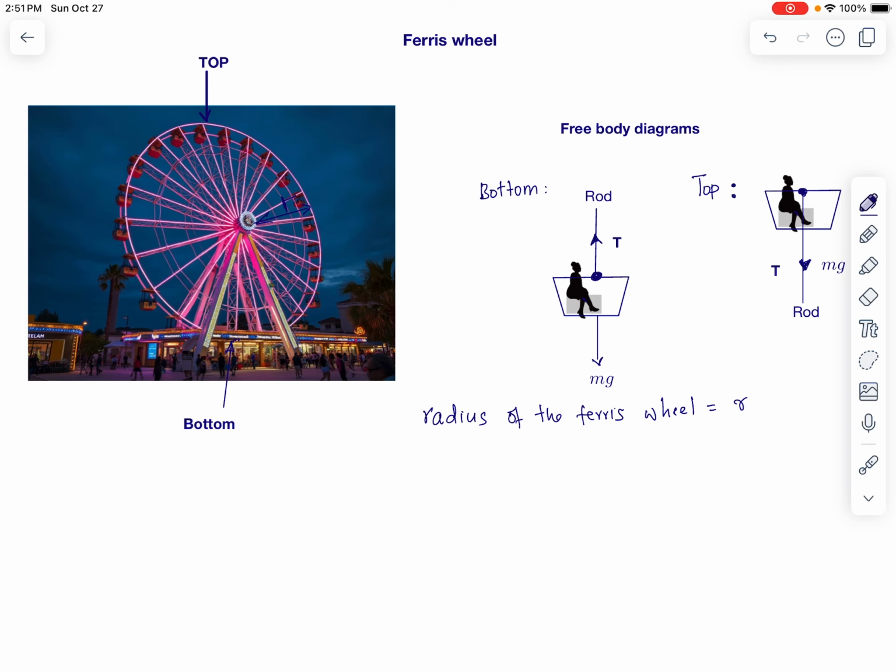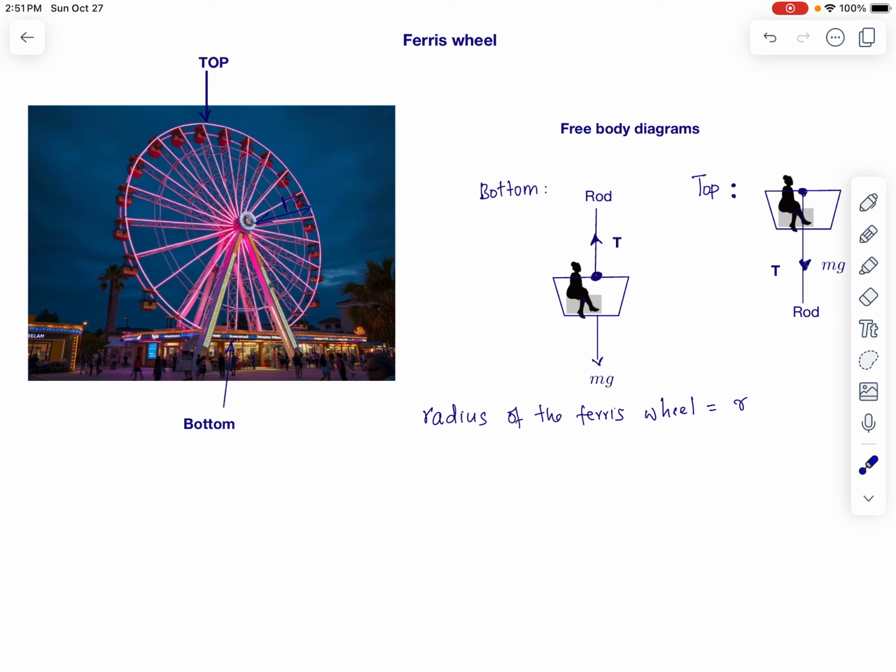If we look very carefully, especially concentrating on what happens at the very bottom, there are a couple of free body diagrams. We'll look into the situation where the gondola is at the bottom and when it's at the top.